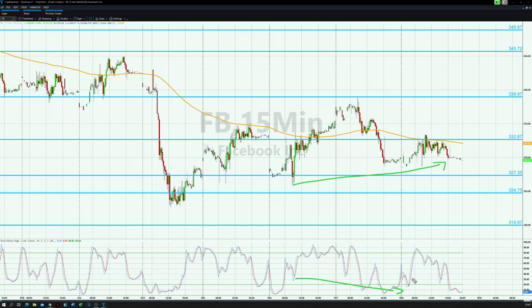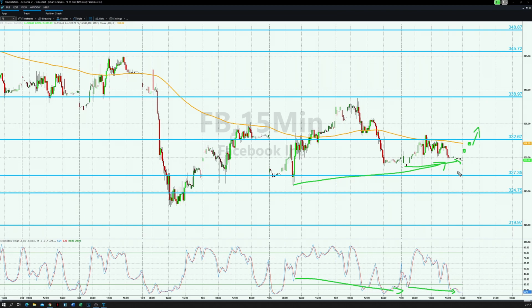We just have a reversal to the downside. And again, see what happened here. Lower low, higher low. So probably, I hope we're going to see an open in the pre-market something here or here, and then a push to the upside. Let's hope so. So this is for Facebook.